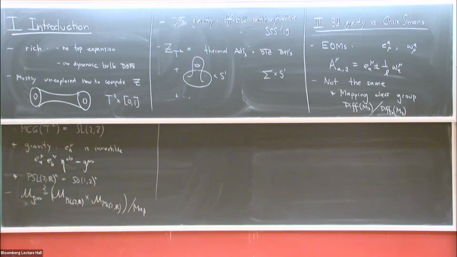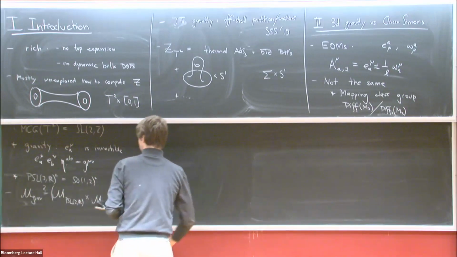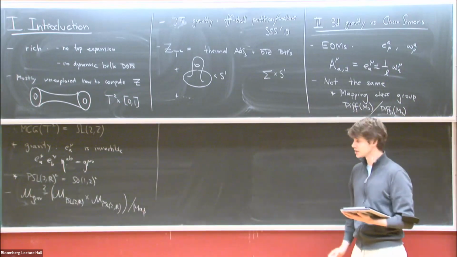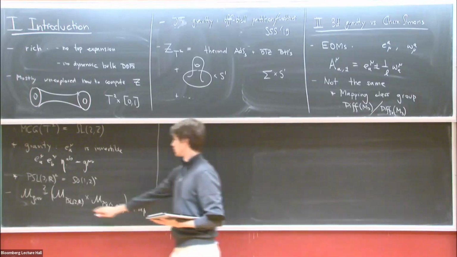This should be kind of familiar from, say, CFT, where you want to impose that your torus partition function is invariant under SL2Z, but you're imposing it for the full torus partition function, not for the left movers and right movers separately. So this is the analogous statement in the gravity theory. And the other issue is that the moduli space of PSL2R connections actually is a disconnected space. So this has several components.